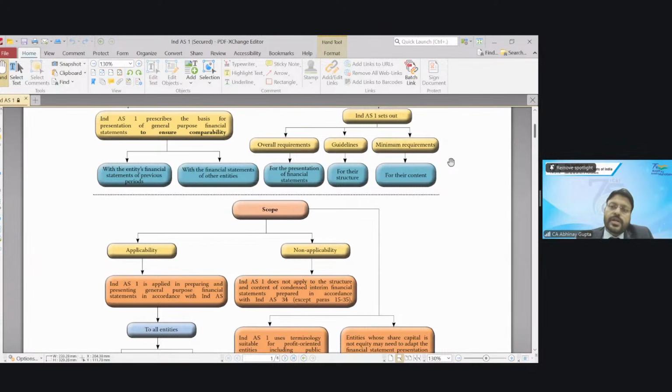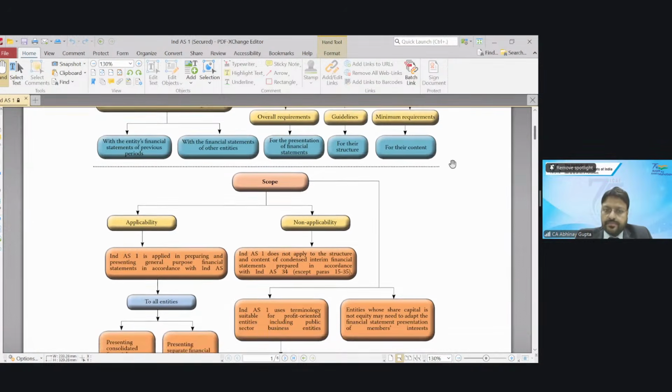And there are certain minimum requirements which have to be followed mandatorily by all the companies while preparing and presenting their Ind AS financials. So what do we mean by minimum requirements? These are the minimum line items which you anyway need to present on your financial statements, right? And there are certain disclosures as well.